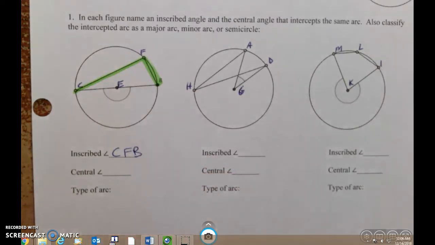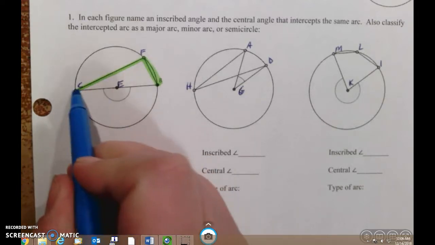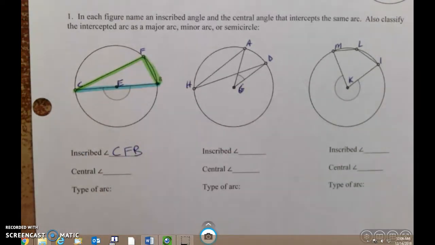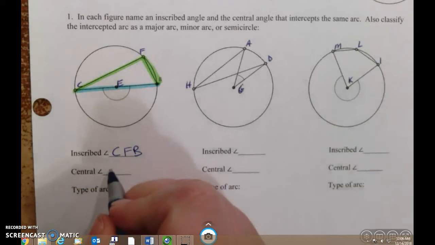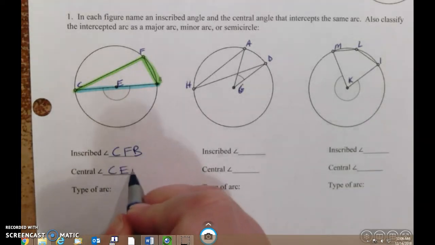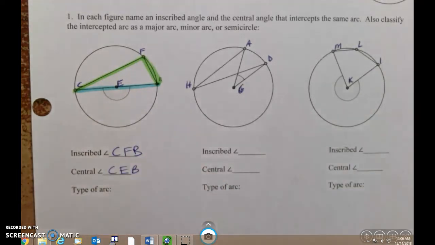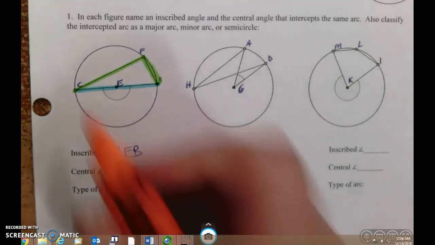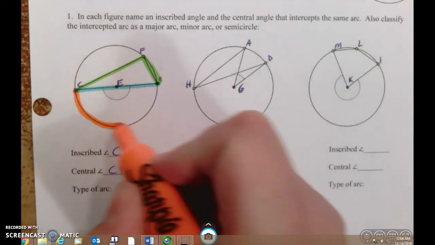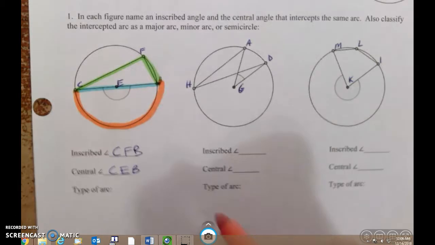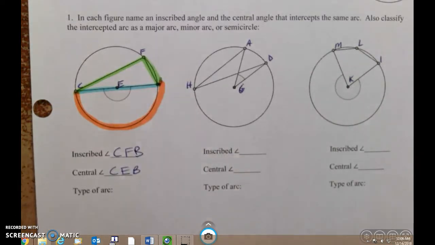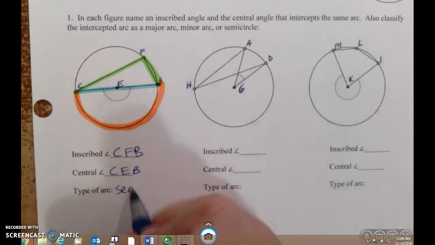And the central angle is a little tricky here. It's actually angle CEB. And that's a straight angle. And that leaves me the intercepted arc that comes around here from C to B. And what we call that arc is a semicircle.